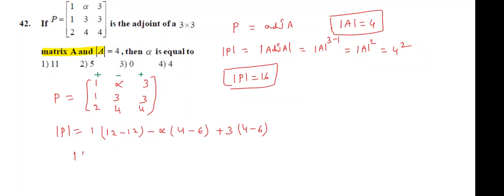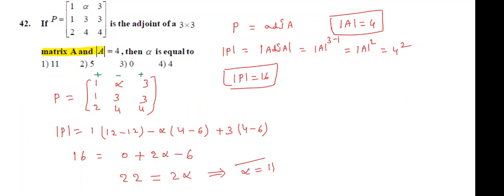Det P value is 16, that is equal to 0, minus alpha into minus 2, minus into minus is plus, 2 alpha, plus 3 into minus 2, this is minus 6. Minus 6 send to the left hand side, we get 22. 22 is equal to 2 alpha. Then what is alpha?